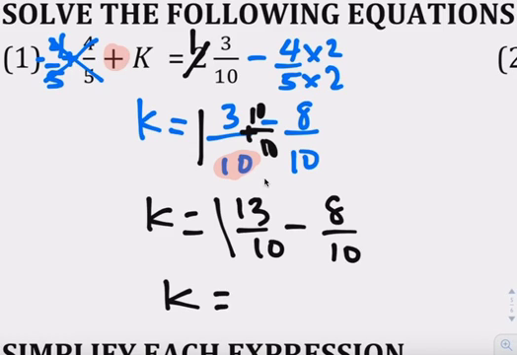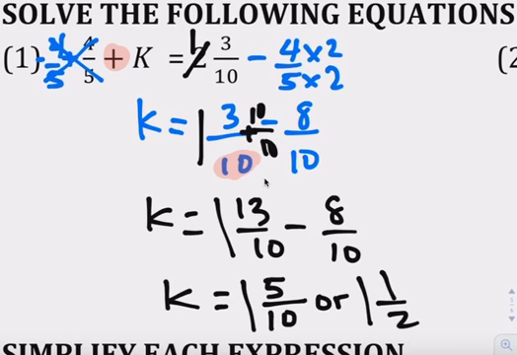K then is equal to 1 and 5 over 10, or just 1 and 1/2 when you reduce. Okay?